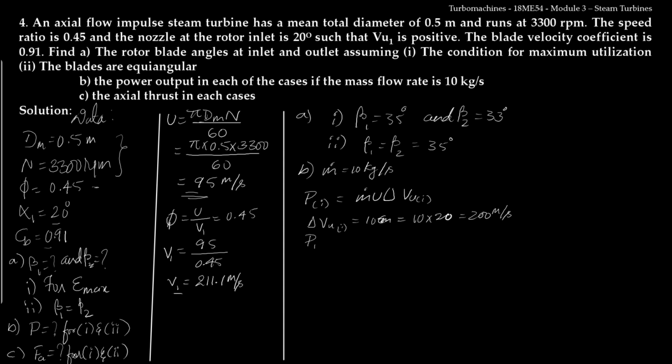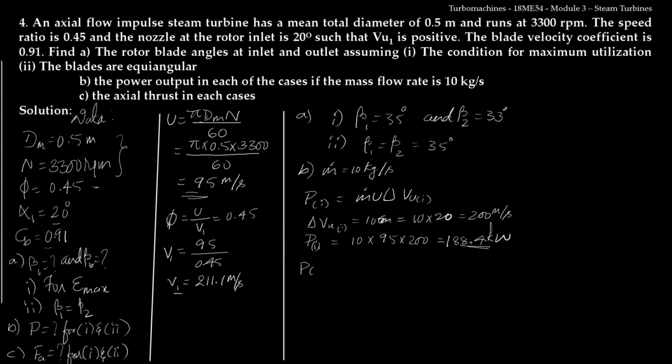So the power output for the first case will be equal to mass flow rate is 10 kg, then U is 95 multiplied by 200 will give us 188.4 kilowatt. So this is the power for the first case.